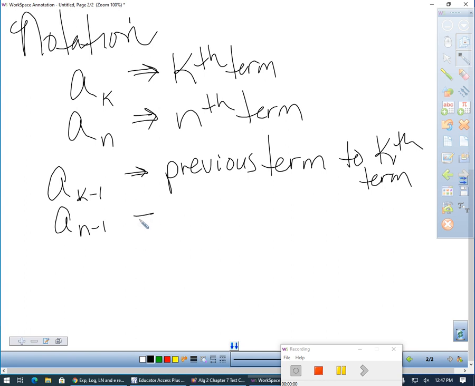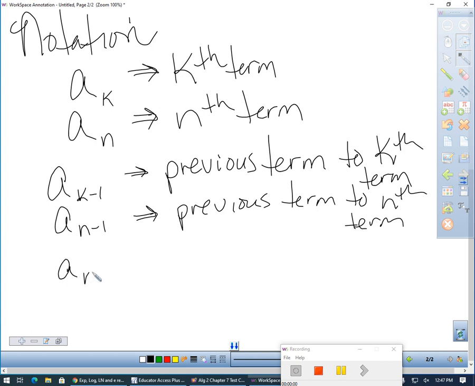Again, that just means it's the previous term to the nth term. Alright, what do you think this means if I were to say a sub n minus 2? What is that? Two previous, exactly. Two previous. Alright, so that's what that notation means.